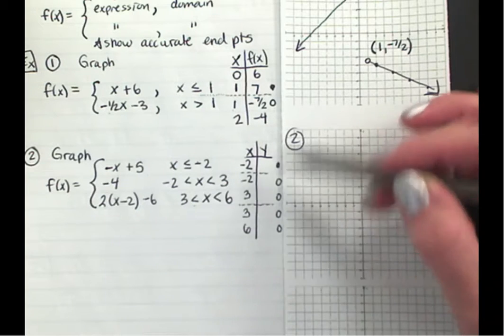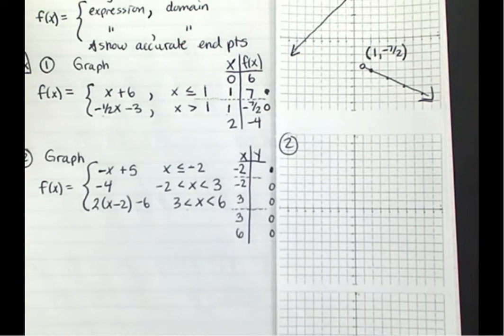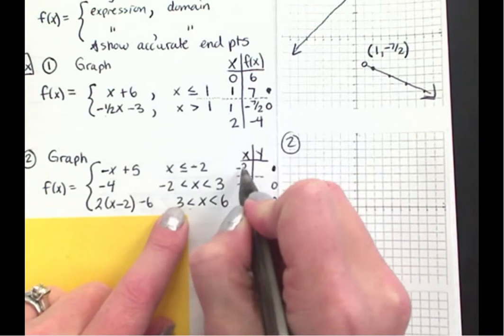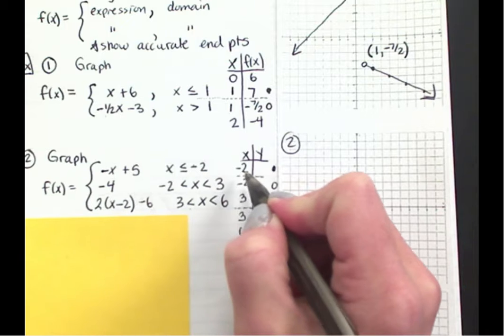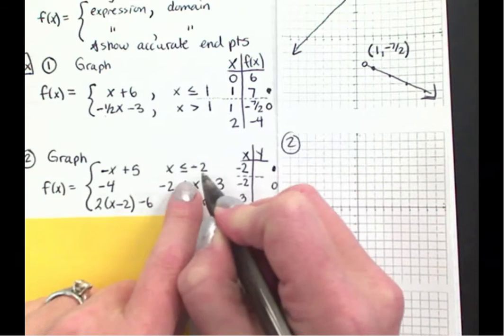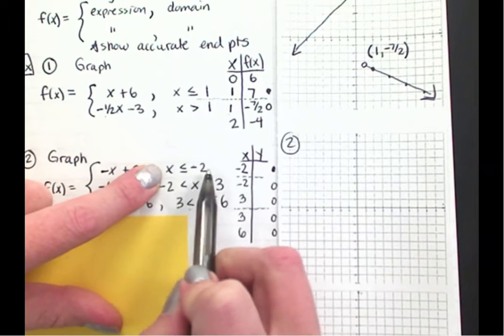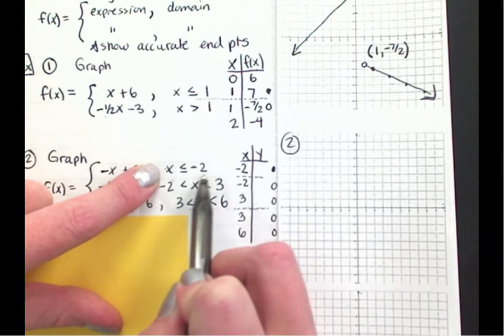Okay? See if you can fill in that table. Yeah. How do you tell if it's open? Okay, good question. So you see here, x is -2, x is the domain. This is the domain right here. Is -2 included?